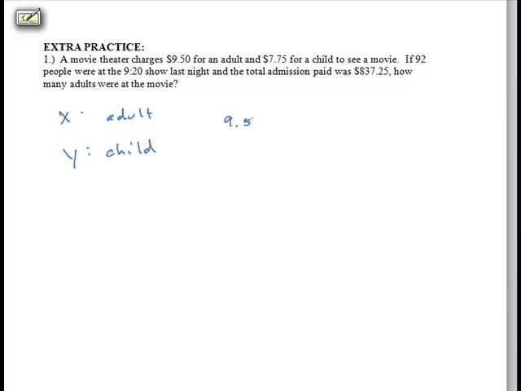An adult ticket was $9.50, so 9.50 times x plus a child's ticket, 7.75 y, is going to be equal to the total amount of revenue, $837.25. The second equation is just going to represent the attendance, the number of adults and the number of children must equal the total attendance, 92.